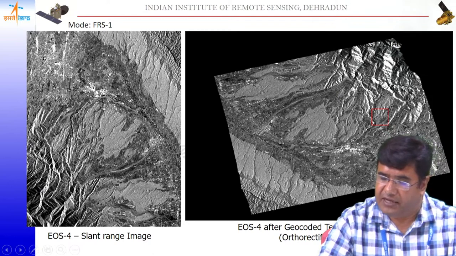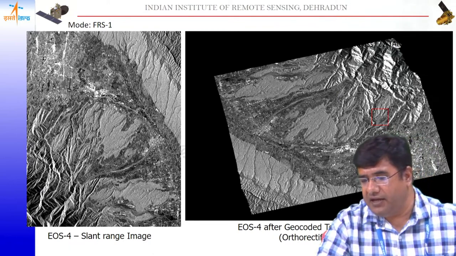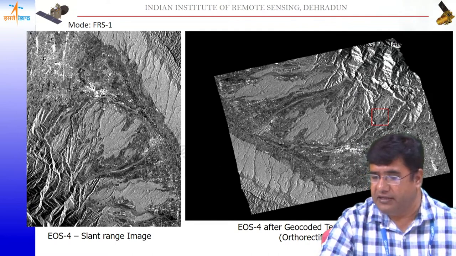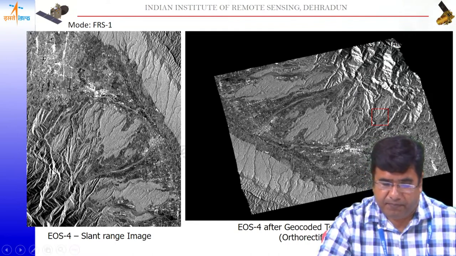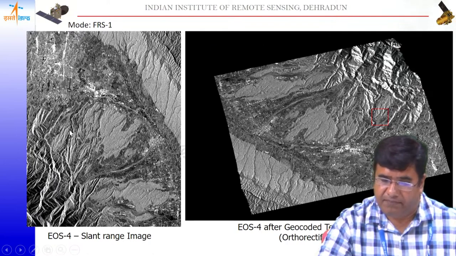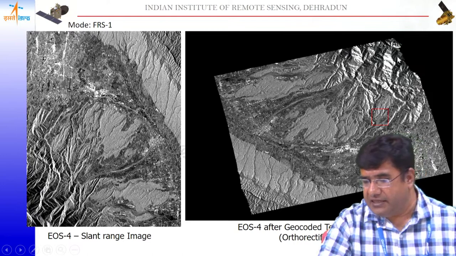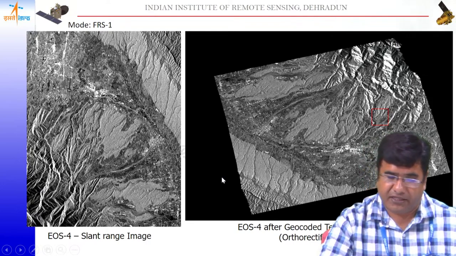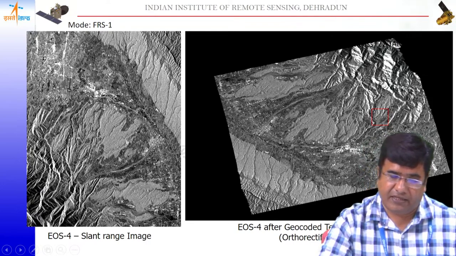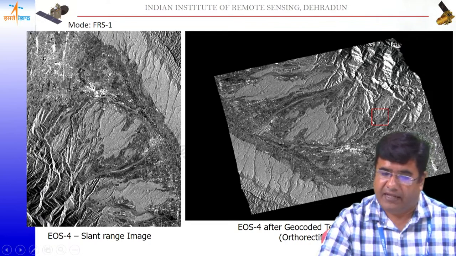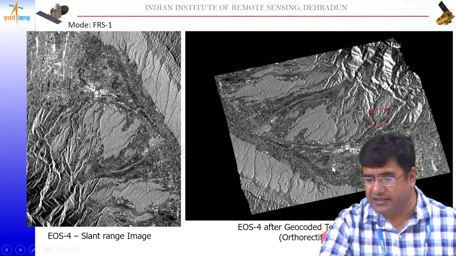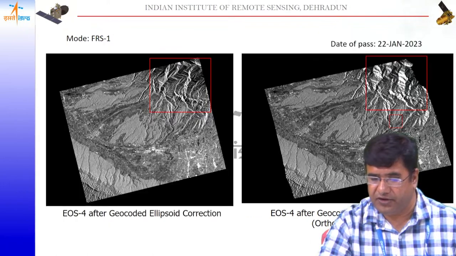Now if we use the digital elevation model, our range Doppler model and sensor model, and put a particular pixel at the correct lat long, the mapping is done from the sensor geometry to the map geometry, and we get a very accurate ortho rectified product. This is the EOS SAR image: the slant range image, and the image after terrain correction. This is also called the ortho rectified image.